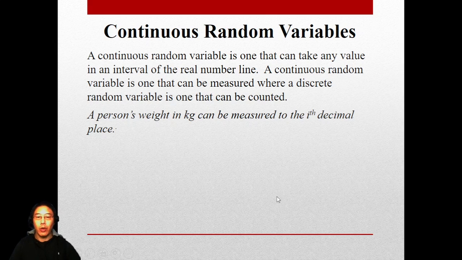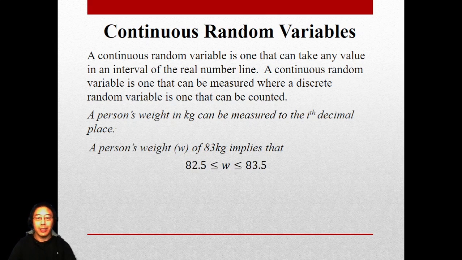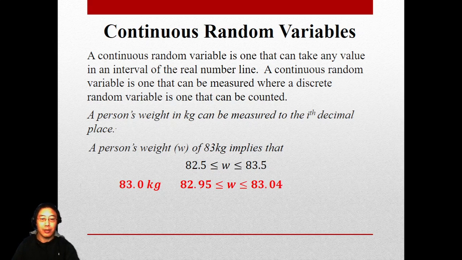So a person's weight in kilograms can be measured to one decimal place. So 83 kilos, for example, implies that the weight is in between those two values to one decimal place. But if you have 83.0, it can also mean this.